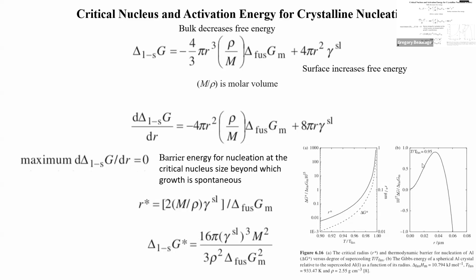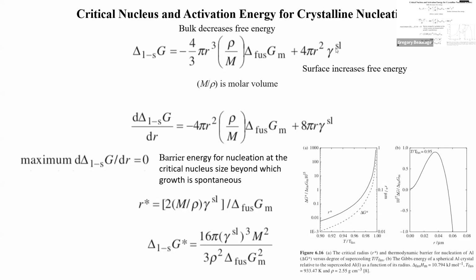So when you get to really small particles, the free energy change due to the bulk drops because it's R cubed, then the surface term dominates. When we get to really large, the surface term disappears and you have the bulk term, and they compete against each other. So this is a positive contribution, this is a negative contribution, it's phase separating.